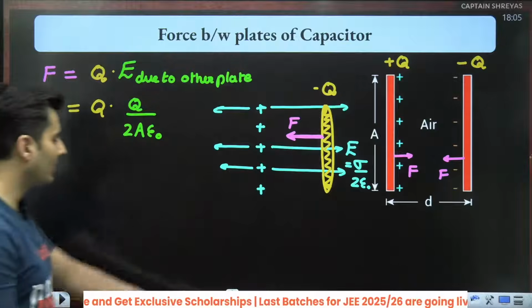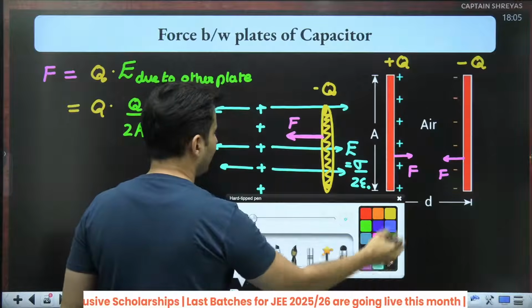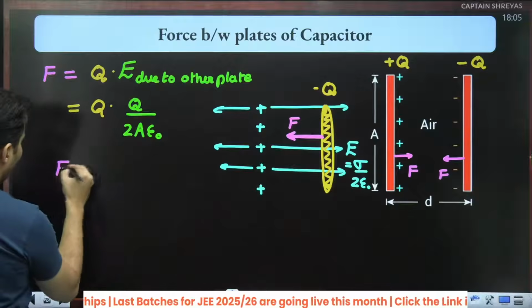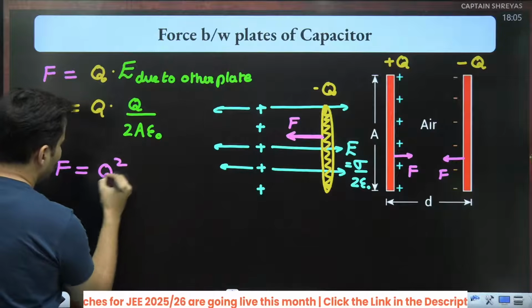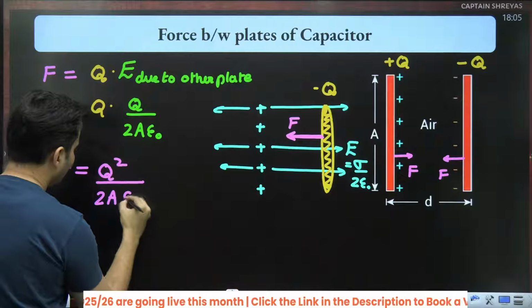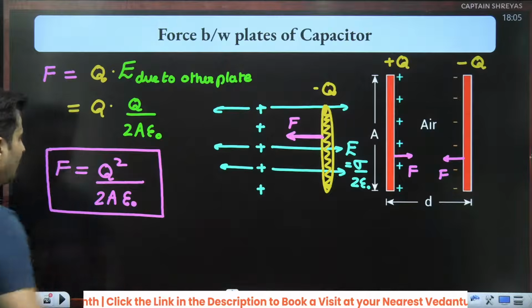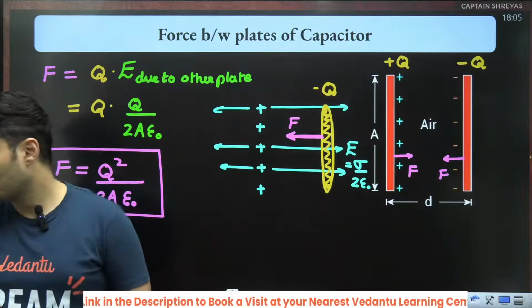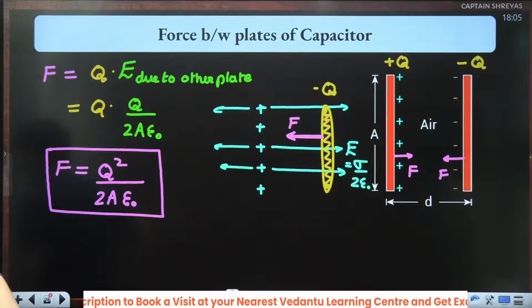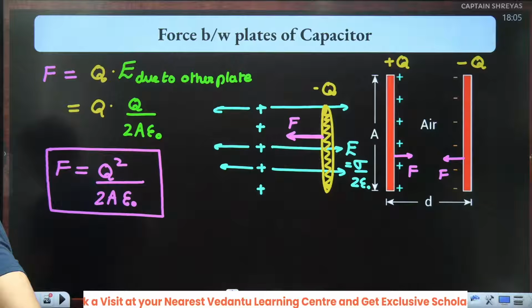So that is why the 2 will come, and hence the final answer for this question will be q square by 2a epsilon naught. This is the answer for this. Is that absolutely clear, my dear warriors? Yep, q square by 2a epsilon naught.